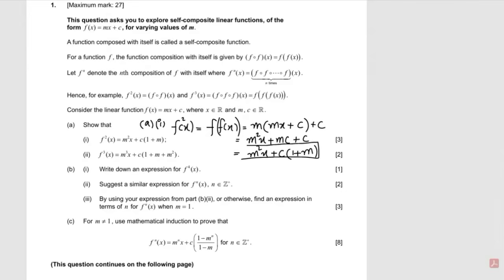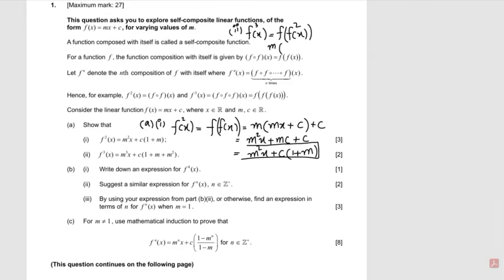Now in the next part, I need to show this expression for f cubed. I'm sorry, I'm solving it on the question paper. In the actual exam, you'll be given an answer booklet where you will write your answers. So f cubed of x can be written as f of f squared of x. You are putting the squared function inside itself.